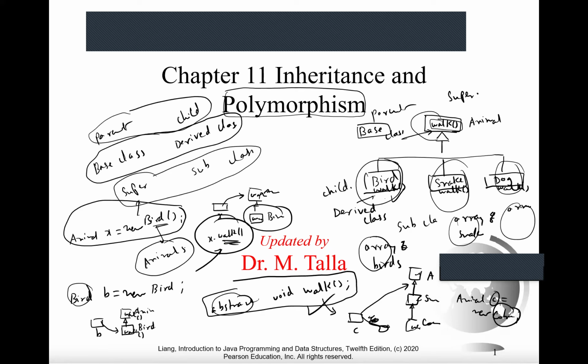So animal is created, snake is created, cobra is created, because without all these objects you cannot create cobra. So it's pointing there, and say c dot walk, it will automatically go down. There is a walk here, there's a walk here, there's a walk here. The last walk is the cobra walk, and that's what is going to be executed, because it's automatic for you.